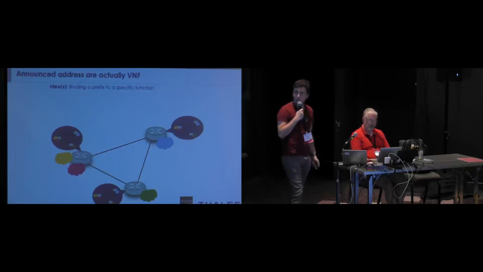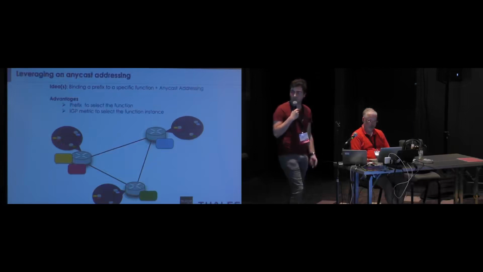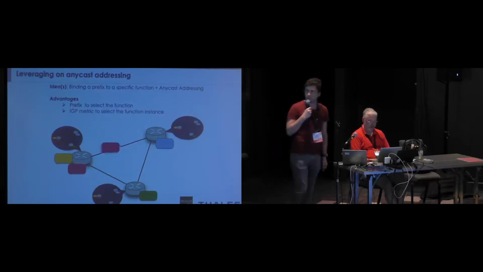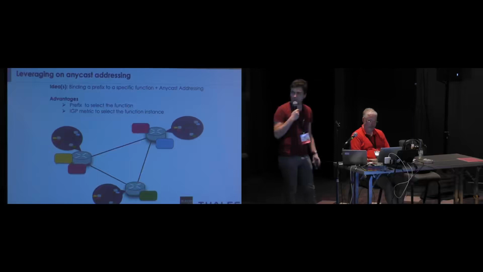What we propose is to bind some prefix to specific functions such as firewall and IDS, allowing us to use the routing protocol to route flows through the functions, and to use anycast addressing to use the IGP metric to select the function instance.